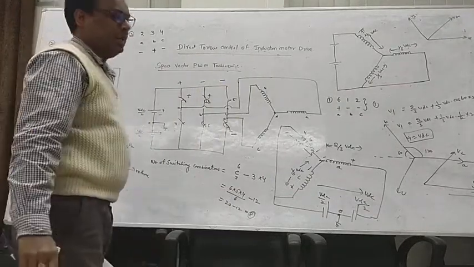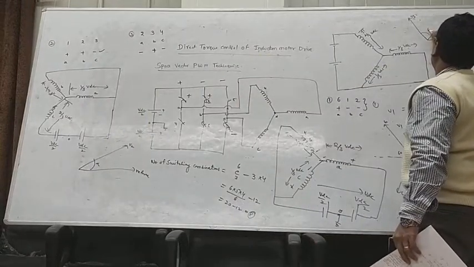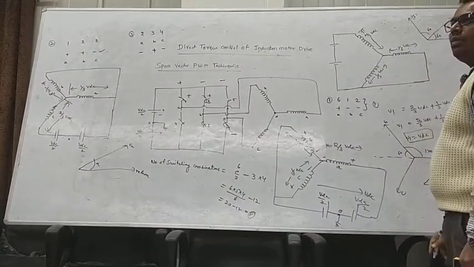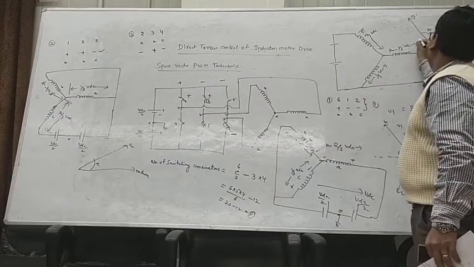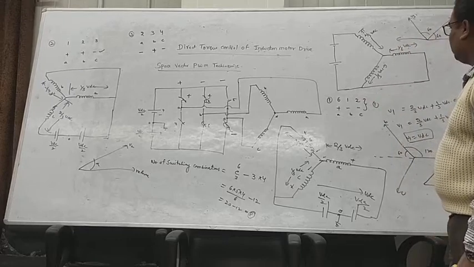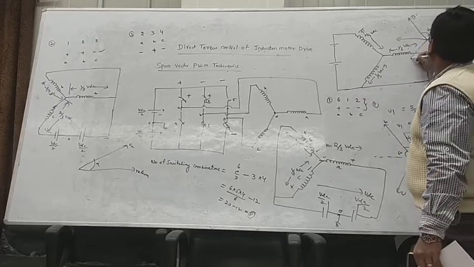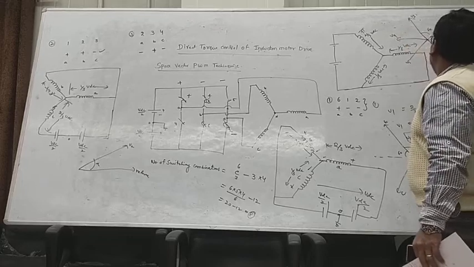So like this, this difference is 60 degrees. Now this is also 60 degrees. If you take the fourth combination, then it will be the reverse of the first combination. And the fifth combination, and this is the sixth combination. This is V4, V5 and V6.